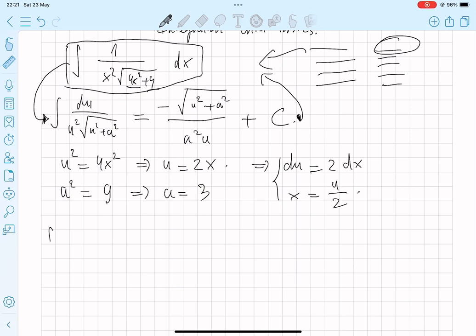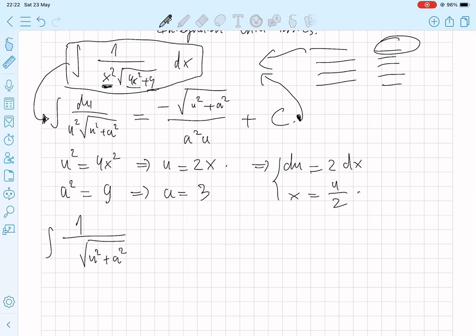The integral of 1 over x squared times the square root of 4x squared plus 9, dx. Because u squared equals 4x squared, I will substitute 4x squared in the problem by u squared, and do the same thing for 9.